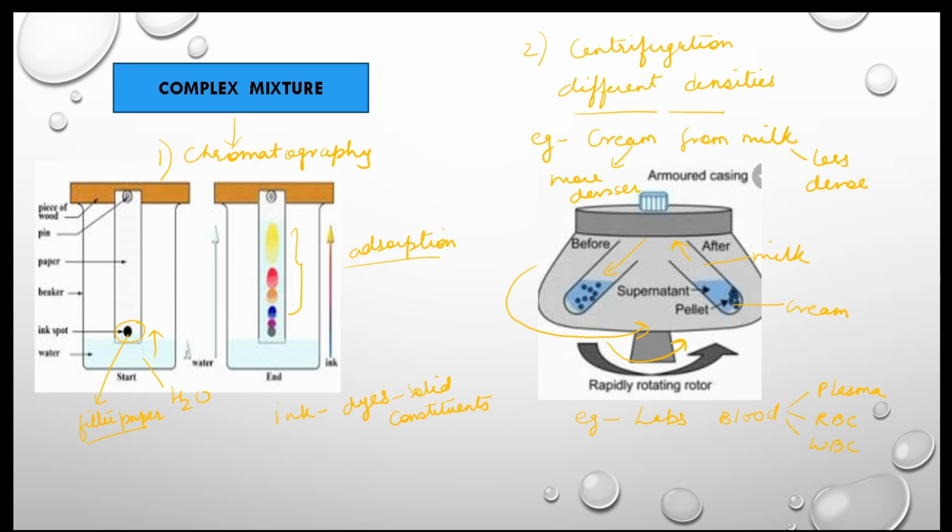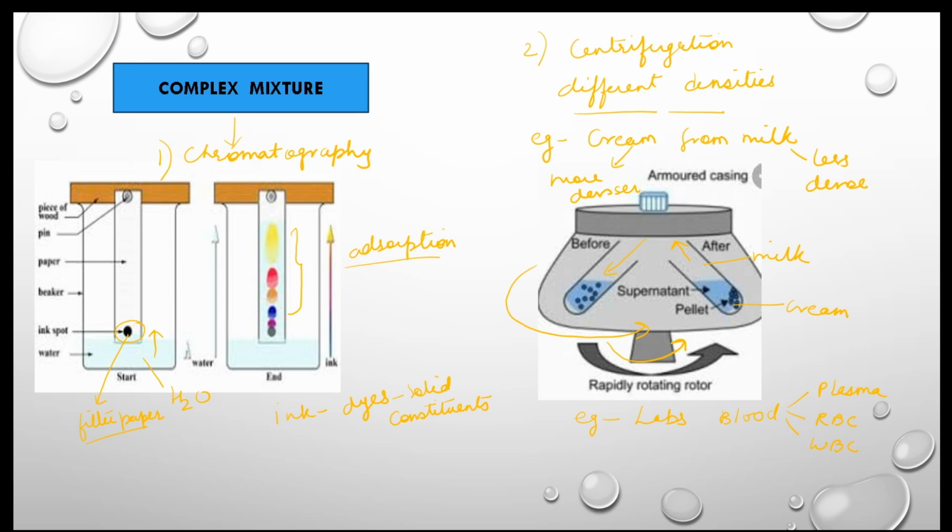So in complex mixtures, you will remember these two methods. In chromatography, you will remember the example of separation of ink. That is, ink, which is made up of dyes, has solid constituents, and these solid constituents are removed by the adsorption of solvent. When the solvent is moving over that ink spot, that solvent is helping in the removal of its solid constituents, and we get different colors exhibited on the filter paper.